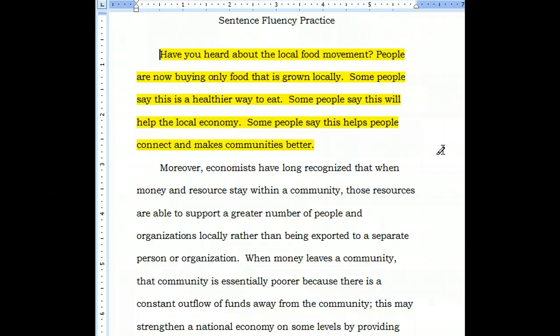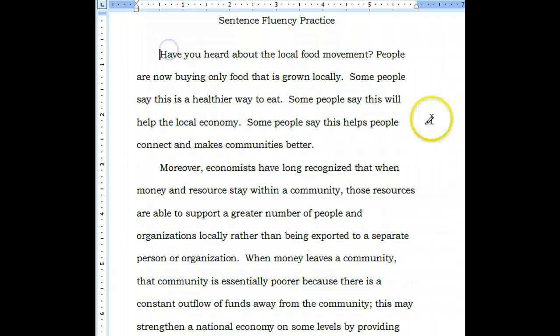Readers look for writing that comes across with a nice natural flow. Short choppy sentences do not give a nice natural flow. So what would we do to make a recommendation for improvement to the student?